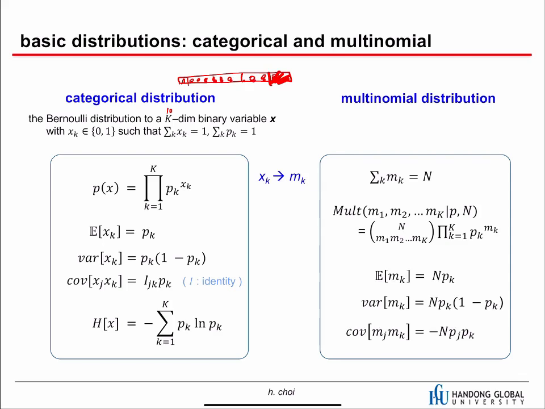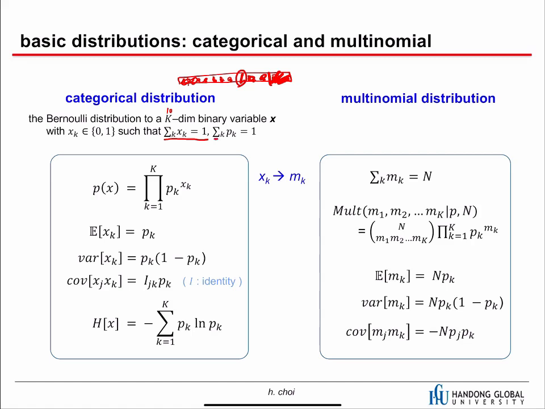Then there is another constraint here. The sum should be 1. So it means only one element could be 1 and the other elements should be 0. So 0, 0, 0, 0, 0, 1, 0, 0, which means the label, the class of this given image, is this one.